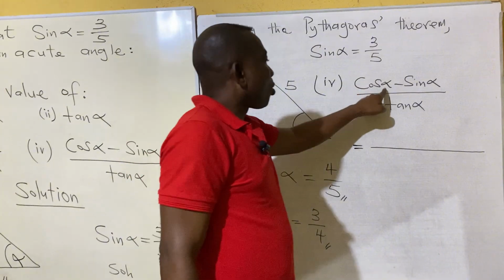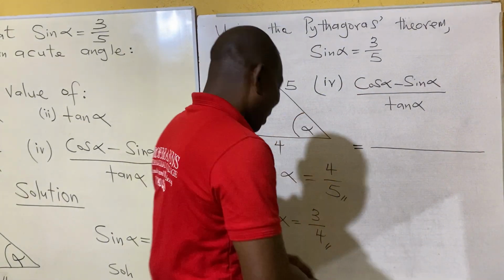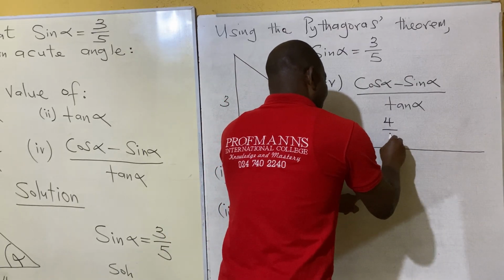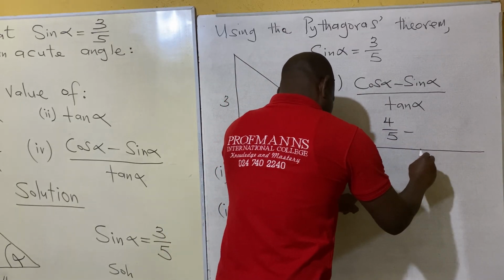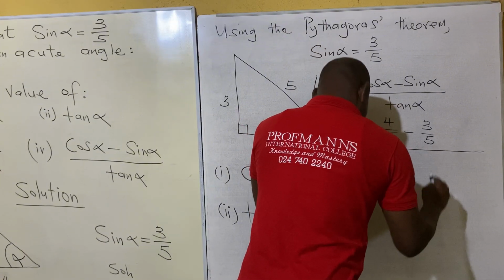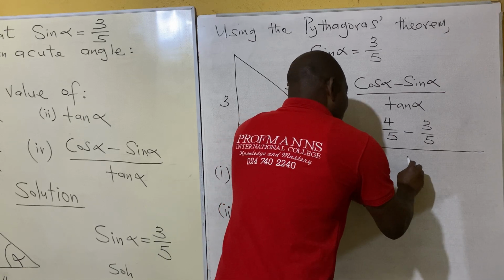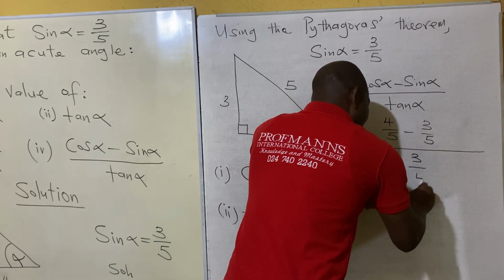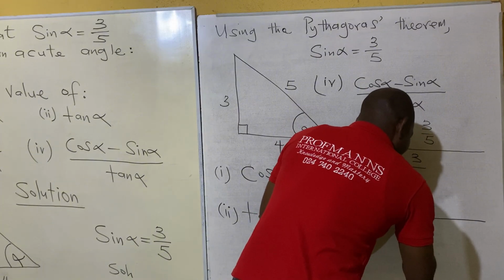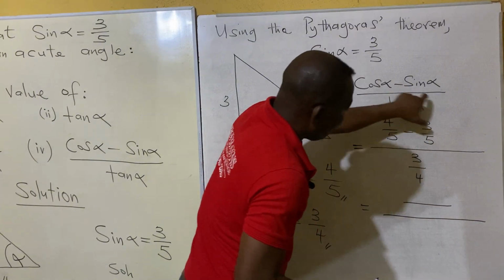(IV), cos alpha minus sine alpha all over tan alpha. Cos alpha is 4 over 5 minus sine alpha is 3 over 5 all over tan alpha, which is 3 over 4. So this is equal to, now let us find the LCM of the numerators here.